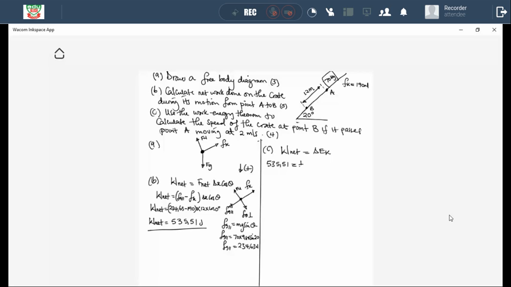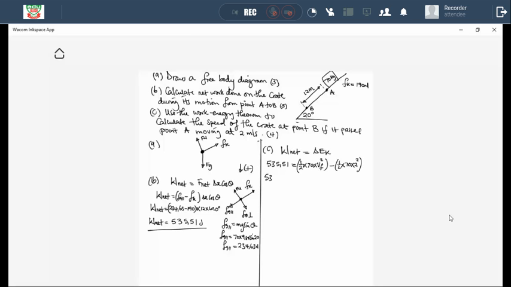So it's going to be half times mass 70 times the final velocity, which is what we are looking for at point B, minus half times 70, which is the mass, times the velocity at point A, which they said is 2, and we don't forget to square.